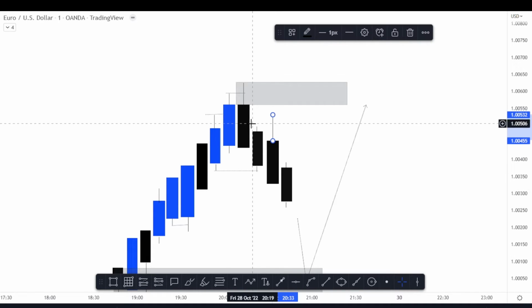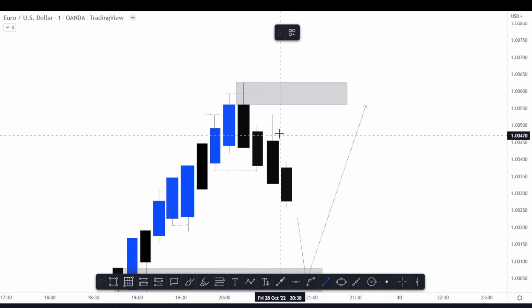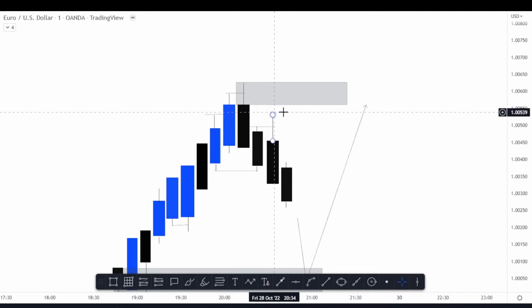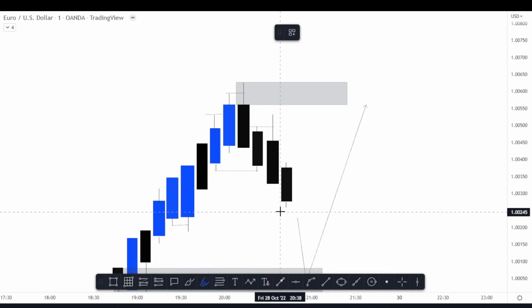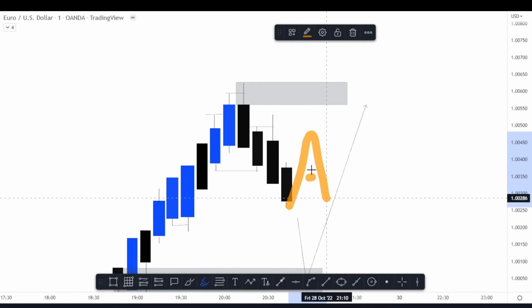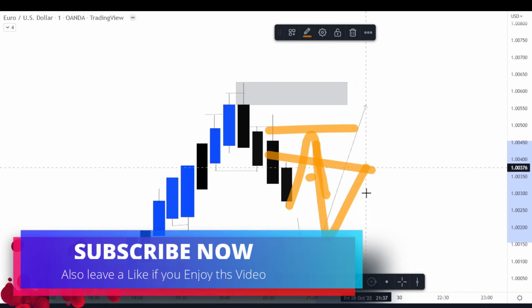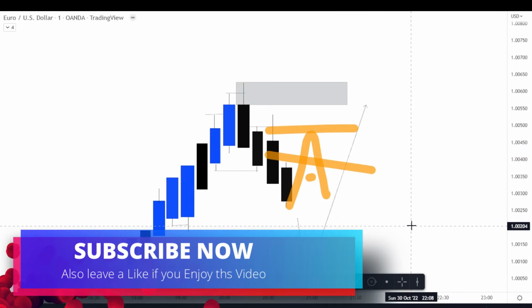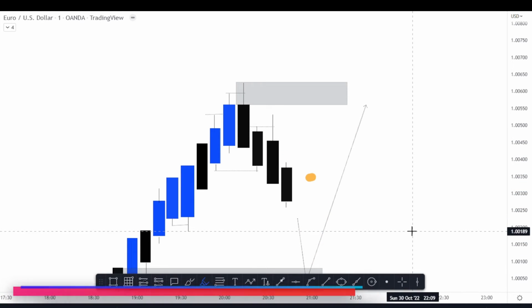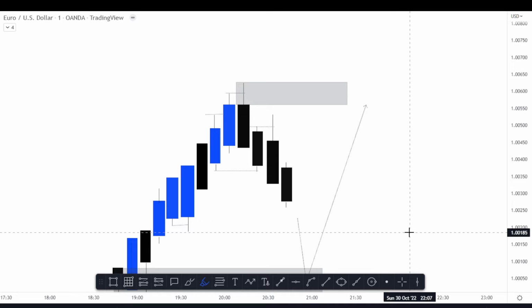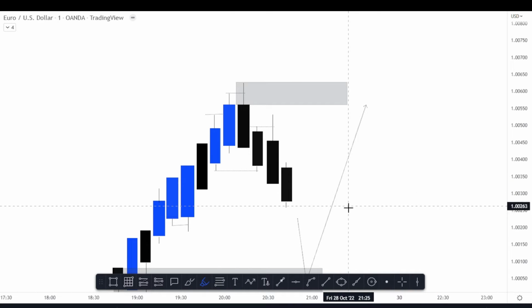Took out liquidity. And where is it? It took out some liquidity here, right? So automatically this becomes a strong zone. So we expect that if price comes up, it should be able to respect this zone and continue to the downside. Now this is why many people actually fail whenever they are using the order block.